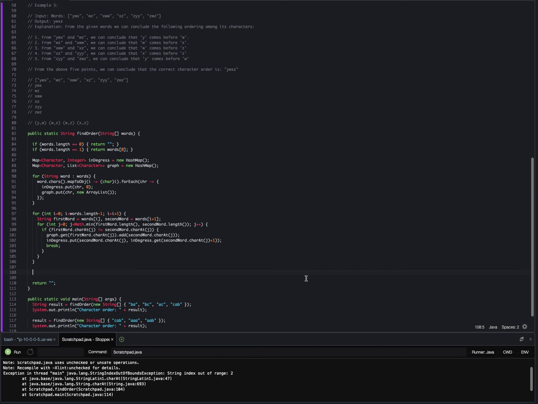All right, so now we have the graph and we have the integers. Now we have to do our actual sorting. At the end of the sorting, we are going to store that in a string to represent the sorted order of the characters. So we're going to create a string builder to represent that result.